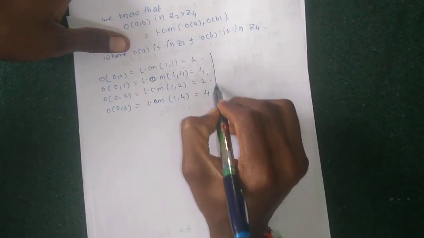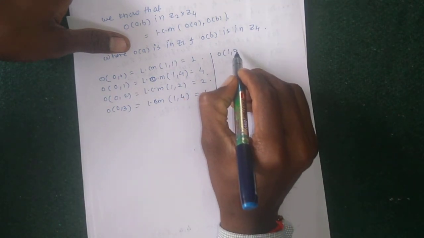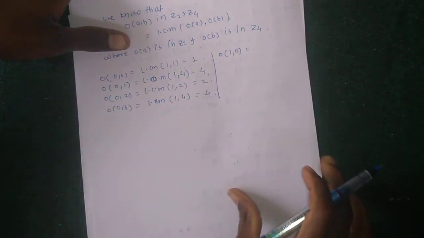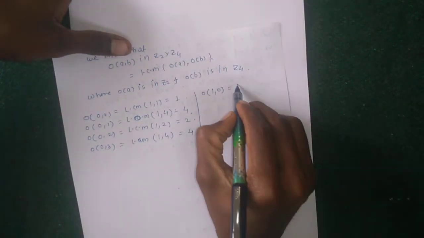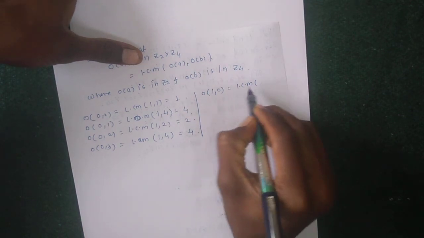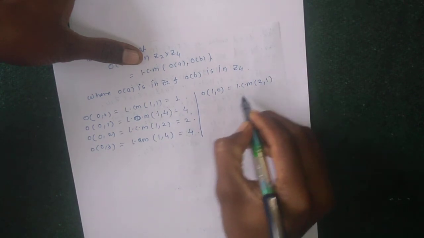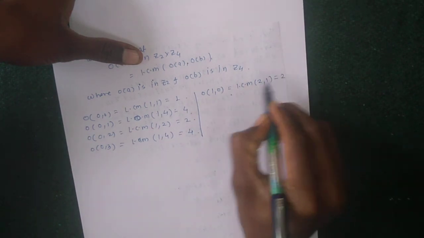Next 4 elements: the order of (1,0) is the LCM of the order of 1 in Z2, which is 2, and 0, which is 1 in Z4, so their LCM is 2.